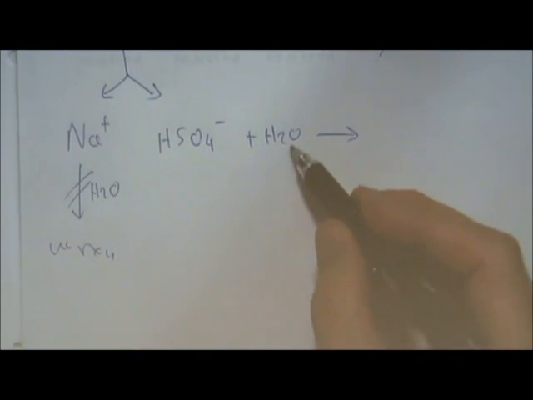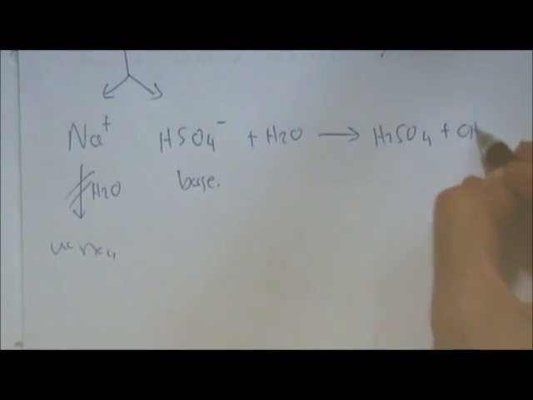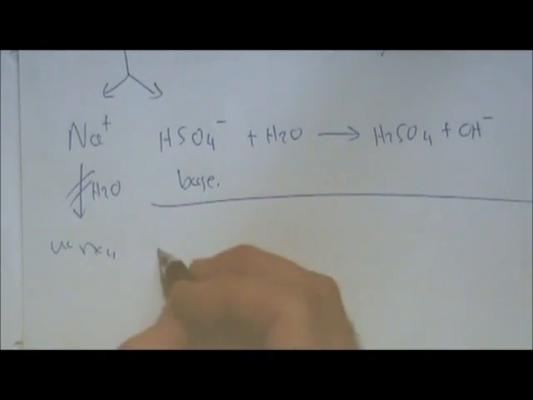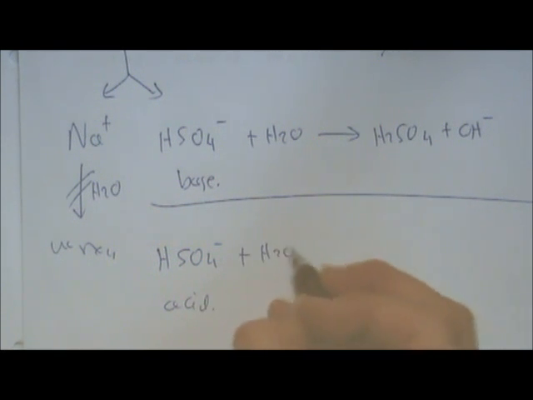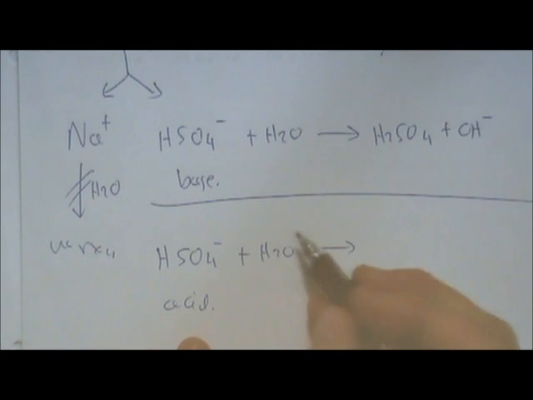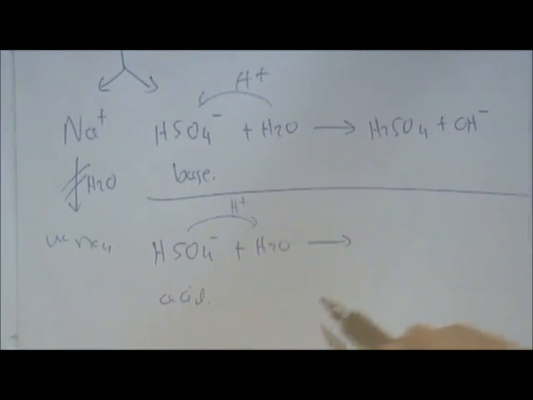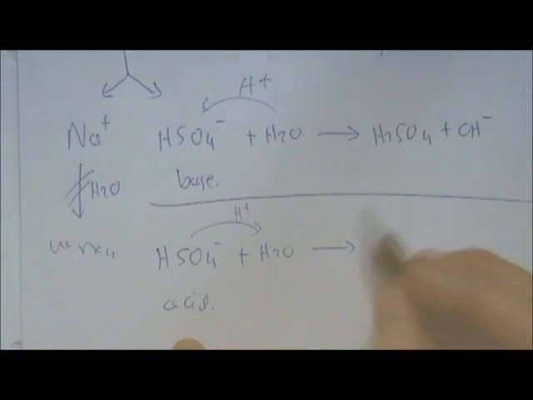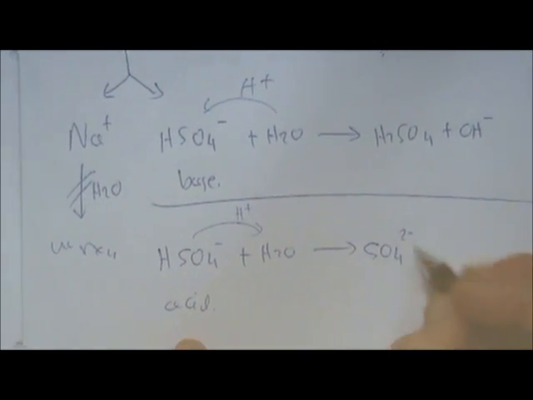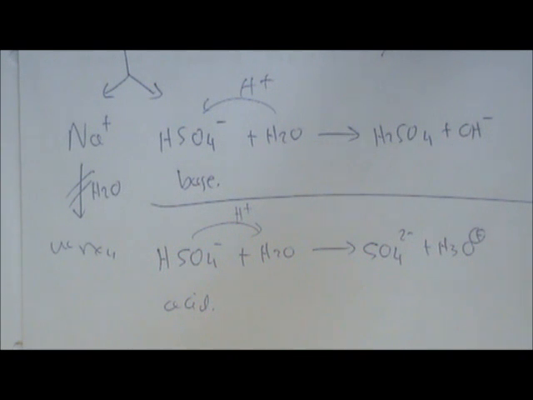It can pick up a proton from the water, acting as a base, and that will make H2SO4 plus OH minus. Or another possibility is to act as an acid and give a proton to water. Here a proton goes this way, here a proton goes that way. If this acts as a Brønsted acid, it will become sulfate ion and hydronium ion. Both are possibilities for reacting with water.